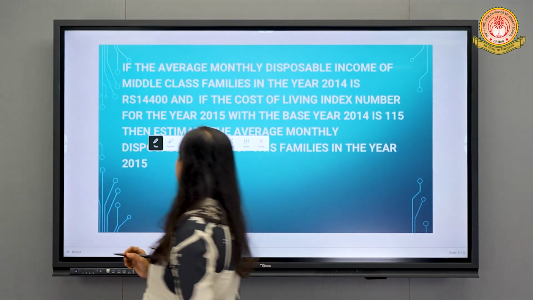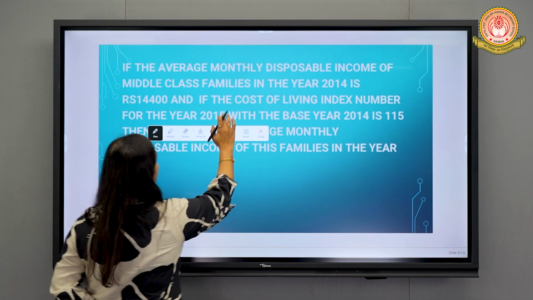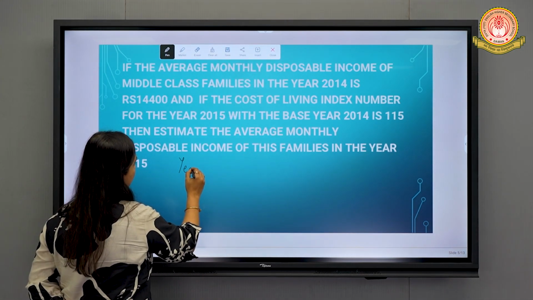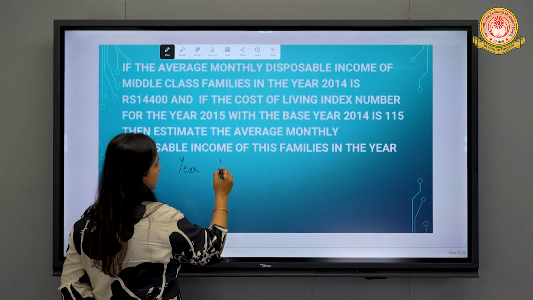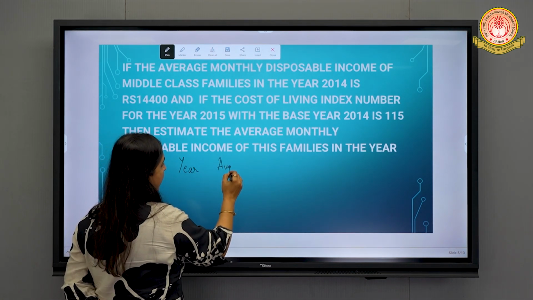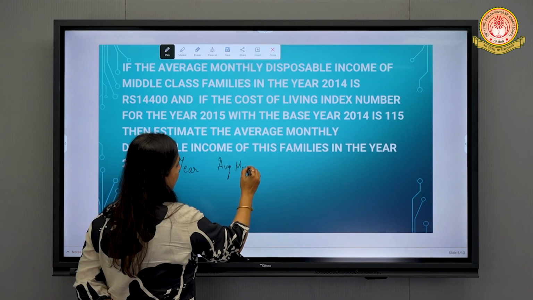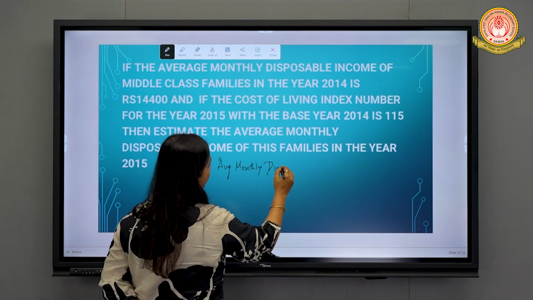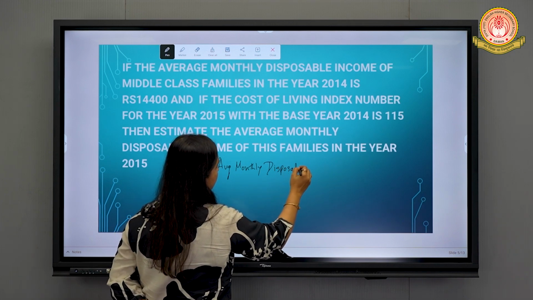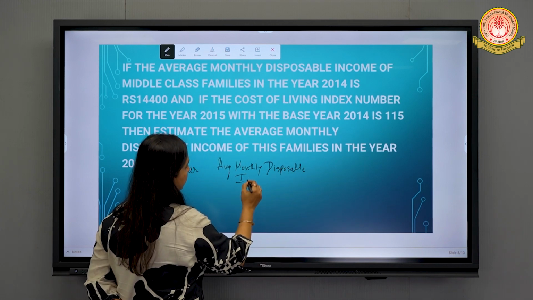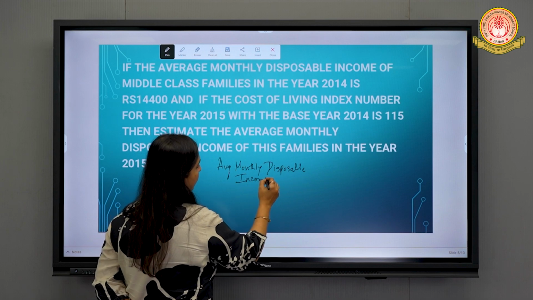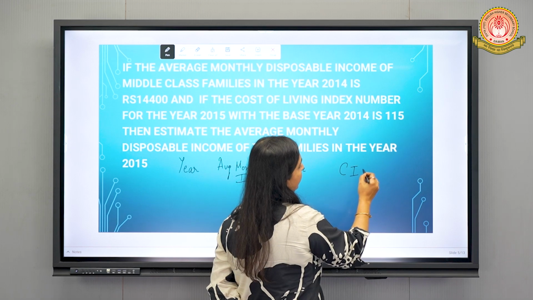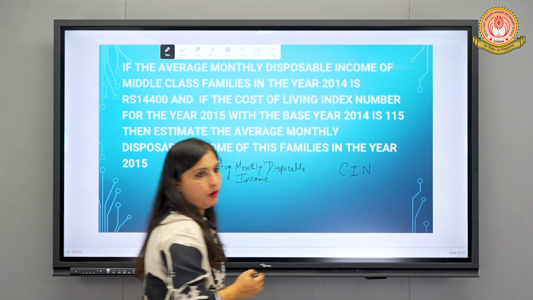make a 3-column table. In this 3-column table, first will be year, the next column will be average monthly disposable income, and the last column will be cost of living index number.